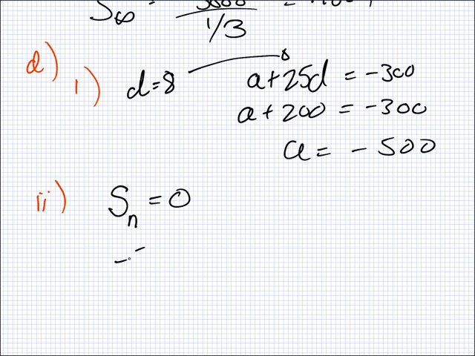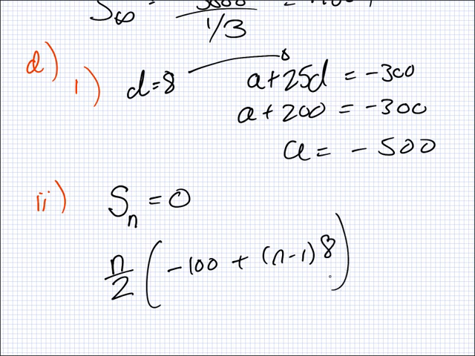What's the formula here? n over 2. We don't know the n. n over 2, 2a plus n minus 1 times d. And that's 0.